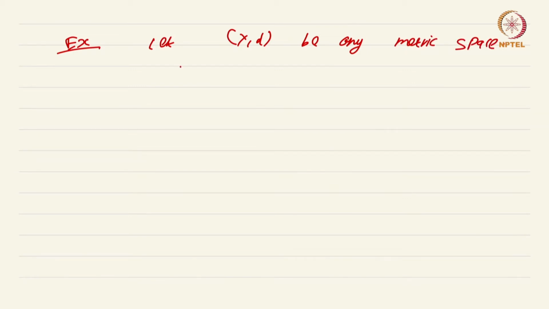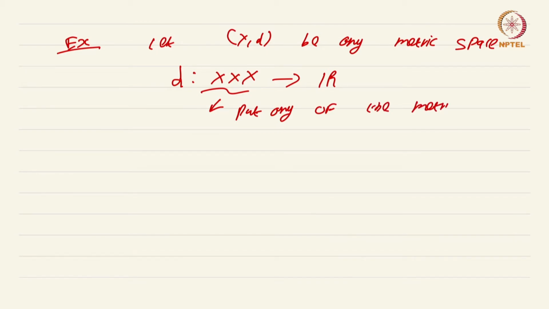Look at the function d from X cross X to R. The actual metric is essentially a function from the product space to R. Now put any of the metrics from the previous slide and show that d is continuous.